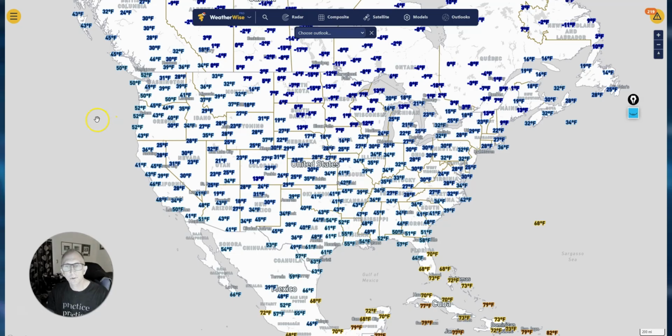So what are the current temperatures this morning? Generally in the 30s and 40s here, even up along the East Coast, getting cold up here into the extreme Northeast, and the upper Midwest to the northern high plains in the negative teens here. Very cold this morning. So yeah, that's pretty brutal here.